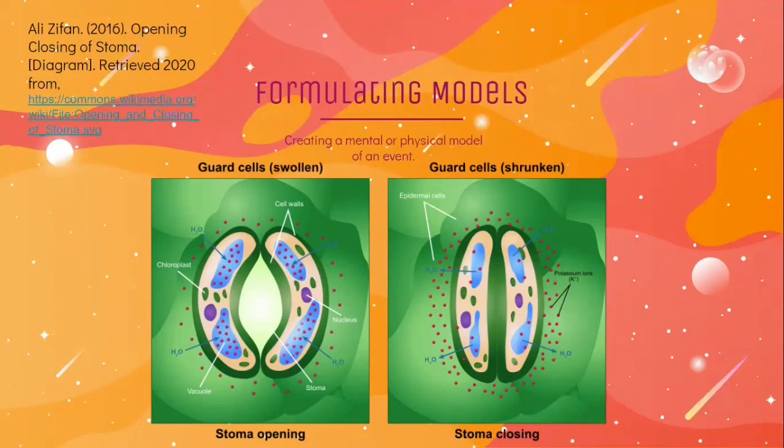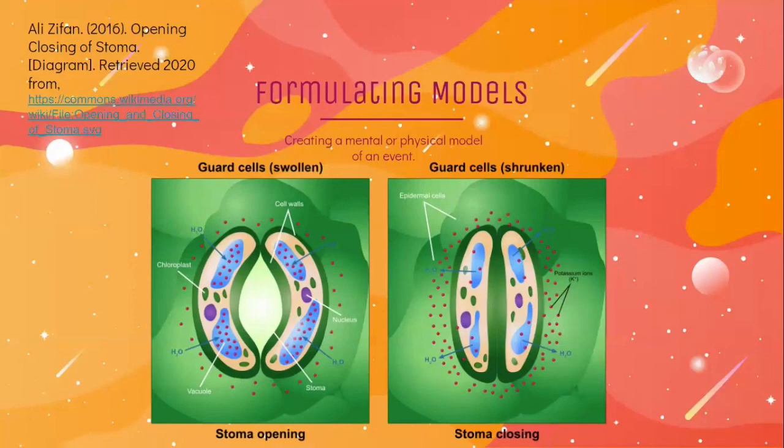Water can also leave the plant cell through this opening as well. So for a plant, being able to balance the amount of CO2 and water that passes through the openings of these stoma is really important.